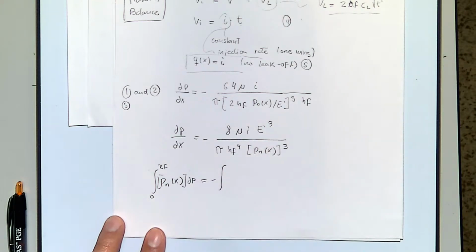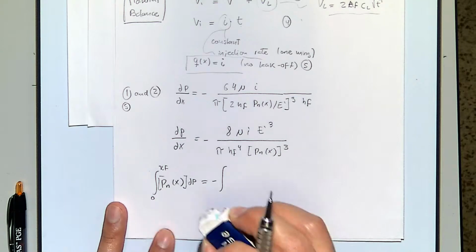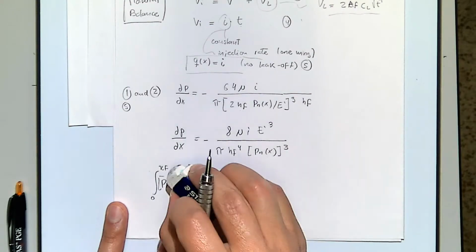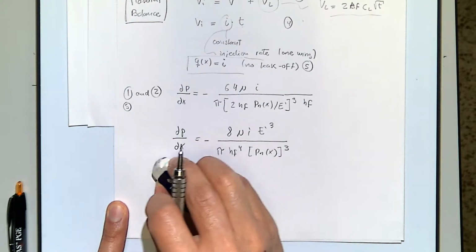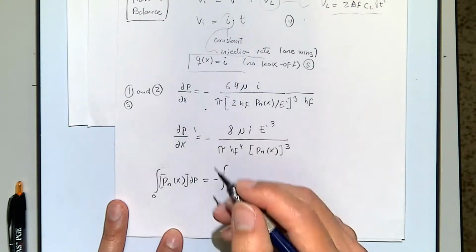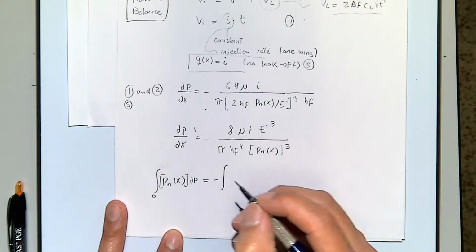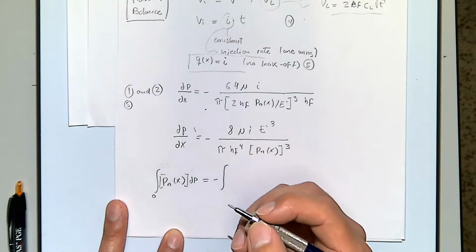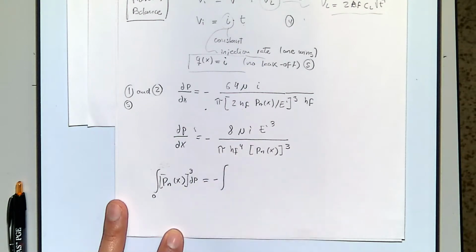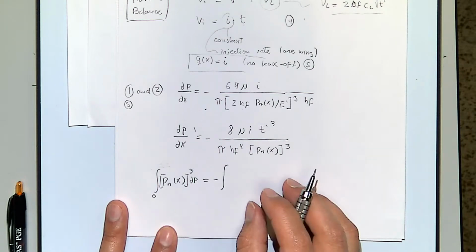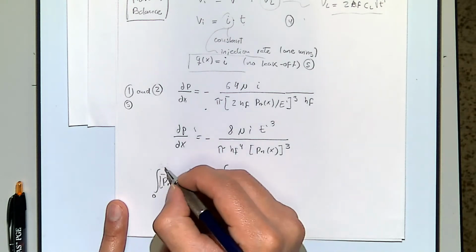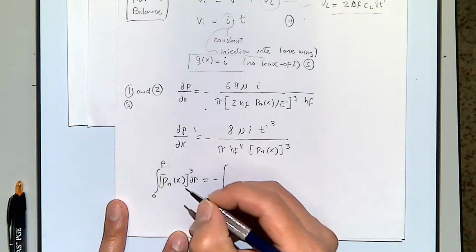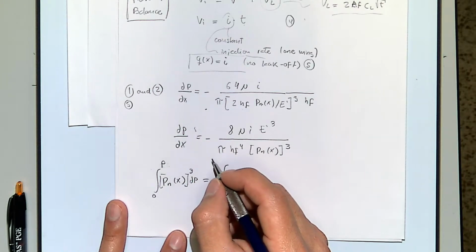This is dP from 0. If I'm integrating in P, it shouldn't be XF. I didn't mean to erase that one. This one should be to P at the wellbore, right? So how do I call that one?